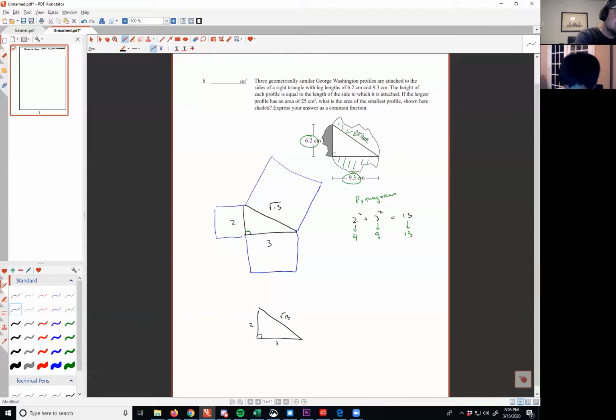Let's say that we have the same exact triangle, and we put semicircles whose diameters are the sides of the triangle. So we have radii of 1, 3/2, and root 13 over 2. So let's compute the areas of these 3 semicircles instead of the squares.